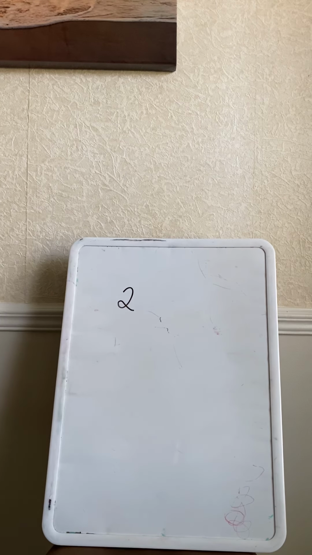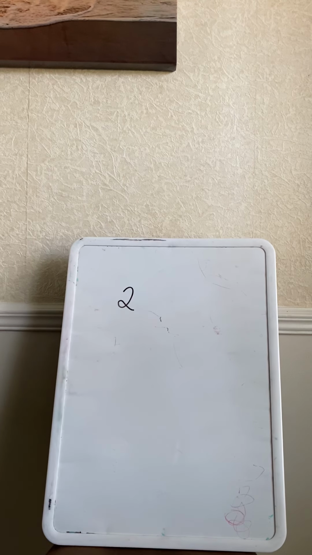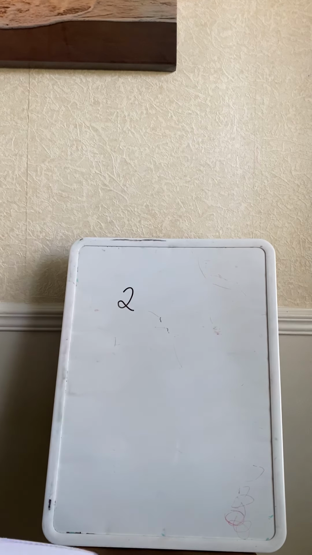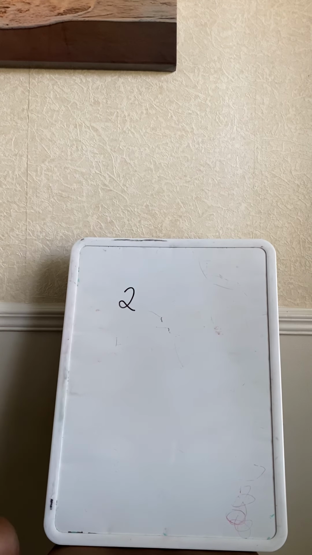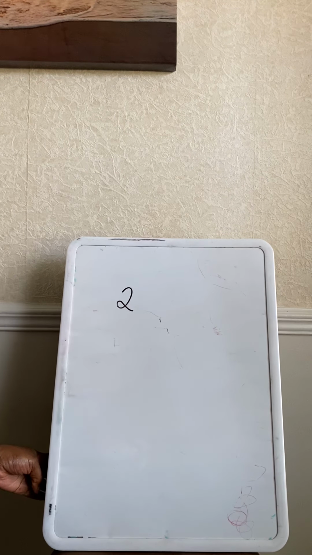I am coming to you because I realized that today's digital learning is division of fractions. I wanted to make sure that everybody had a clear understanding of how to do it, because initially I didn't teach it through reciprocal.